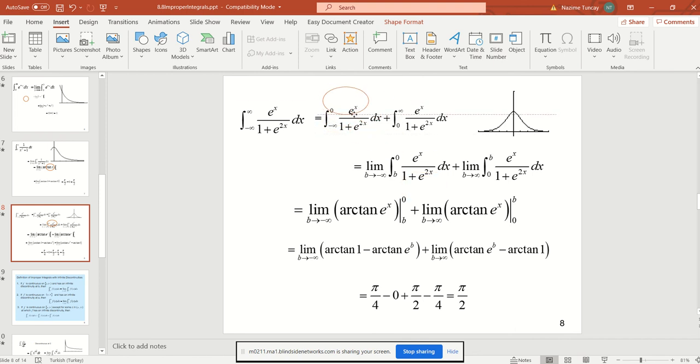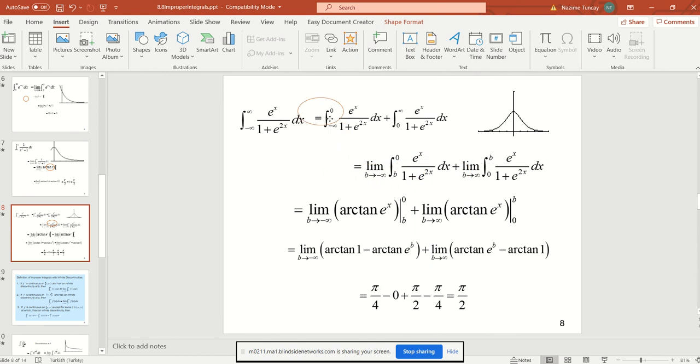What we had: 0 and minus infinity, and 0 and positive infinity. So we divide this into two parts, from minus infinity to 0, and from 0 to positive infinity. And the first part we solve as a limit equation.